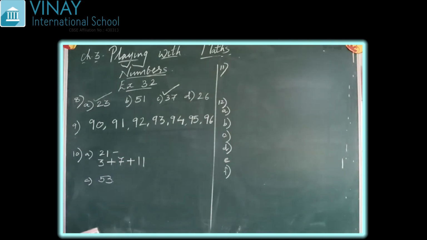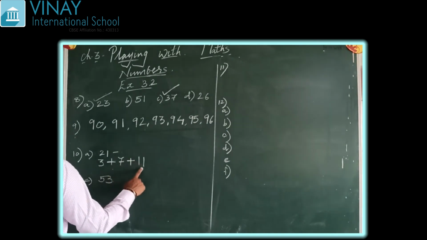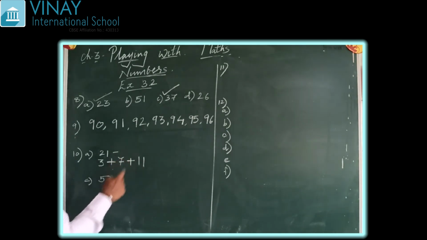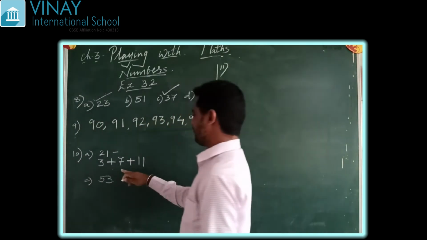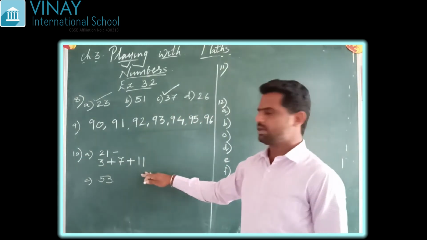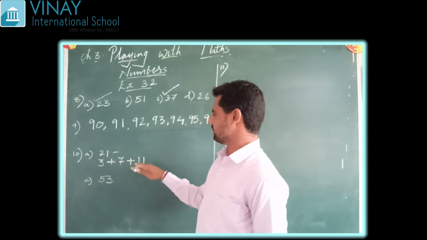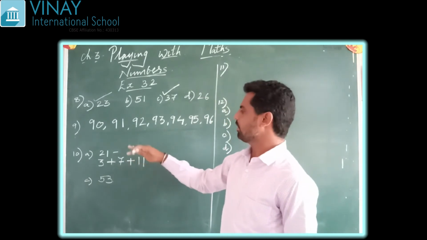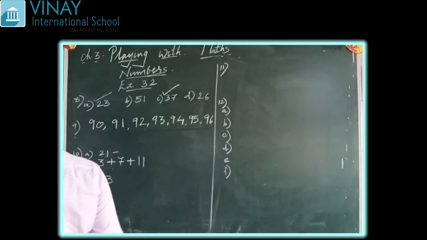We can see that 3 plus 7 plus 11 is equal to 21, and 3, 7 and 11 are also odd numbers.